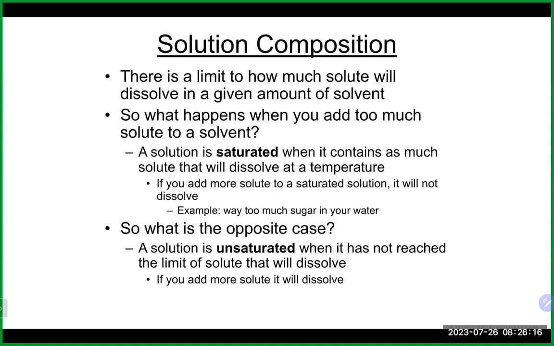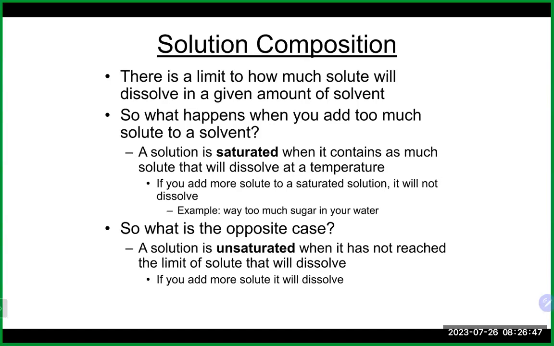The opposite of that is an unsaturated solution. In an unsaturated solution, you have not hit that point yet. You have not hit the point where things will stop dissolving. That means you can continue to take some solute and get it to dissolve in that solvent to make that solution, and you continue until you hit a saturated solution.